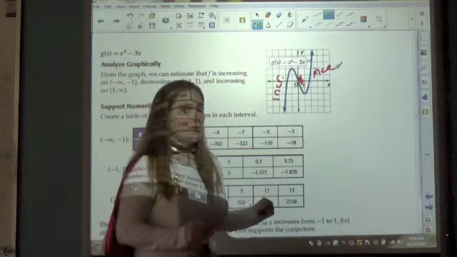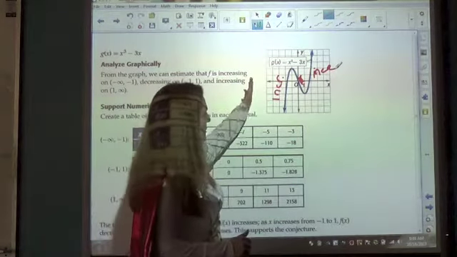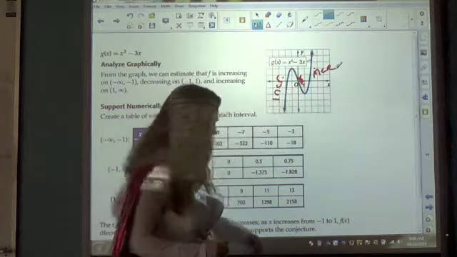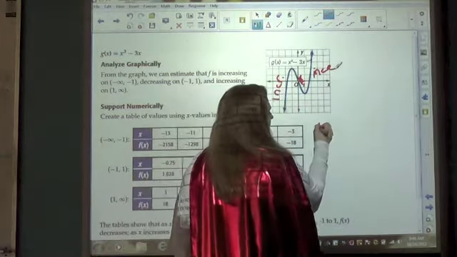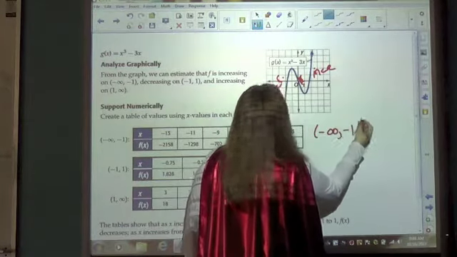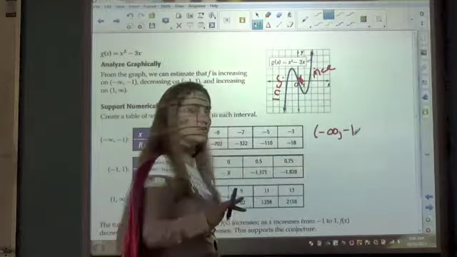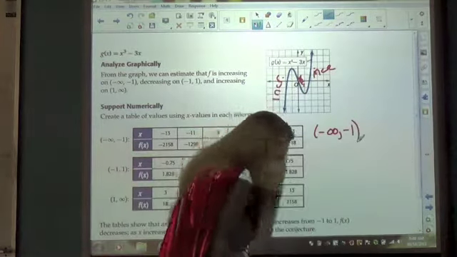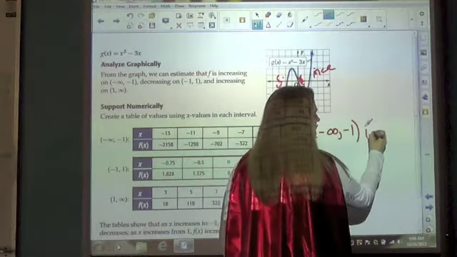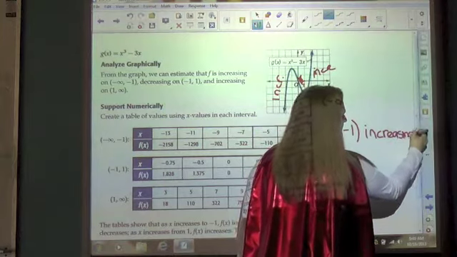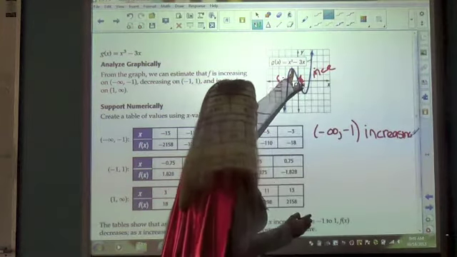Well, remember, domain, left to right. So I'm going from negative infinity to right here, which is negative 1. So what we would say is, from negative infinity to negative 1, and since I don't know if it equals it because I haven't proved it algebraically, over here is increasing. Okay? The next thing I'm looking at is it has to continue.